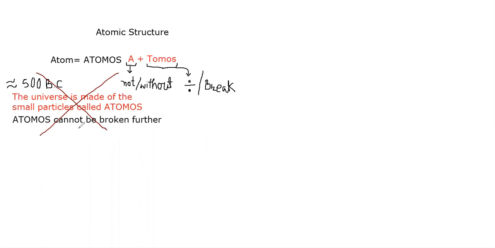Because in today's science, we can say that the atom can further be divided into subatomic particles. These are called electron, proton, and neutron, and there are so many other particles.